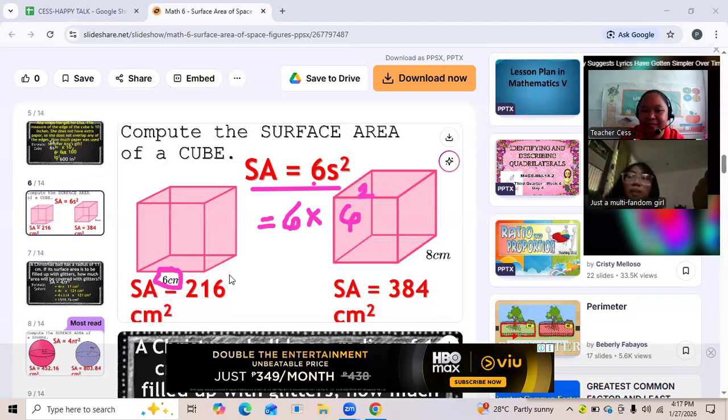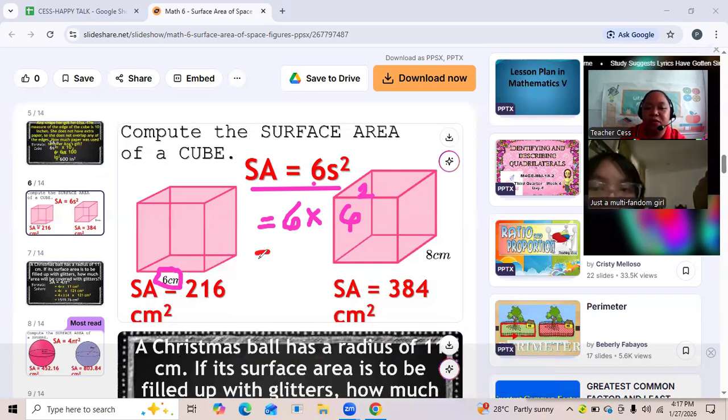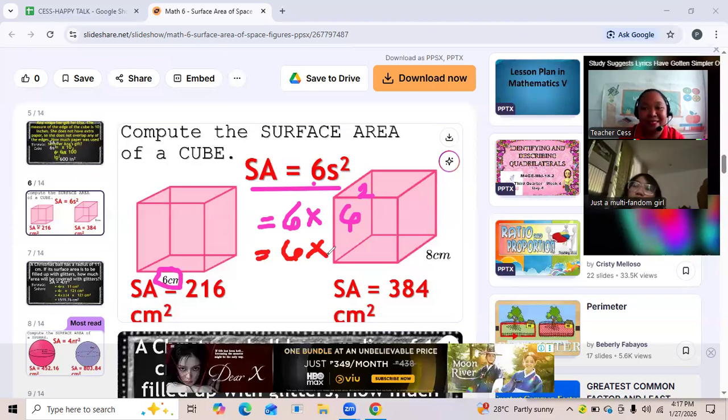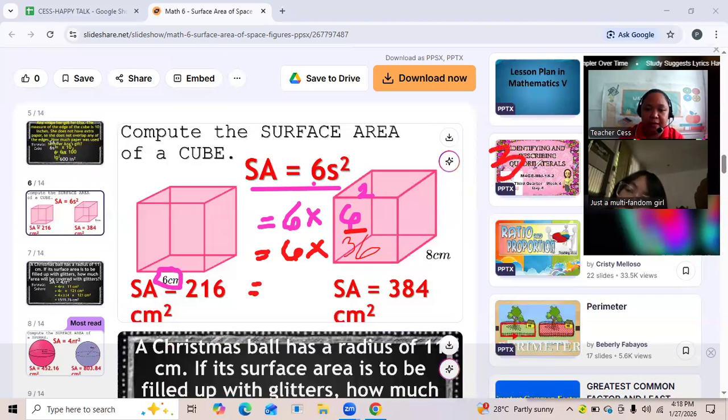Okay, now let us continue multiplying. So 6 multiplied by 6 squared. What is 6 squared? 6 times 6 is 36. Very good. And then if you multiply 36 times 6: 6 times 6 is 36, so 6 here, carry 3.